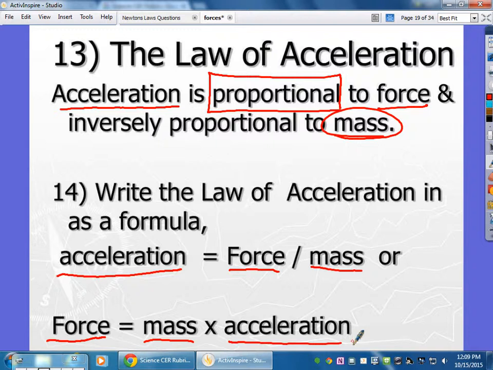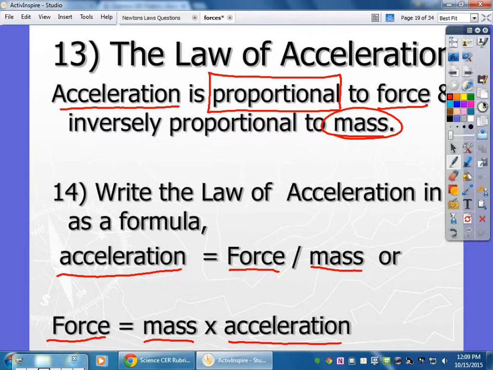But if I want to solve for acceleration, I'll take force divided by mass. If I wanted to solve for mass, you might be asked to do that, you would just take force divided by the acceleration. So force is either going to be divided by acceleration or divided by mass, unless you're solving for it, in which case it'll be mass times acceleration. That's basic manipulation of a 3-variable formula. You should be able to do that without any problems.